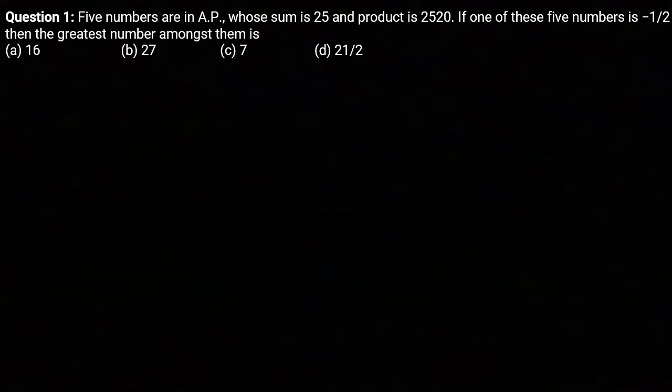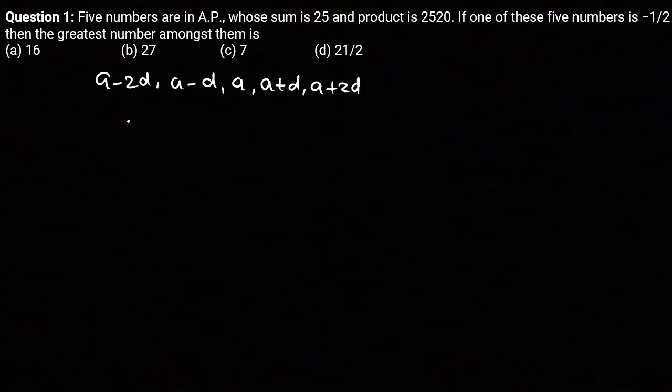So the first question is, five numbers are in AP whose sum is 25 and product is 2520. If one of these five numbers is -1/2, then the greatest number among them is. So five numbers are given, so we assume the five numbers as a minus 2d, a minus d, a, a plus d, and a plus 2d.